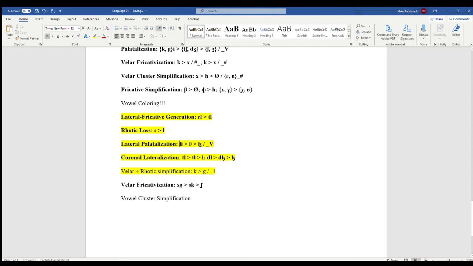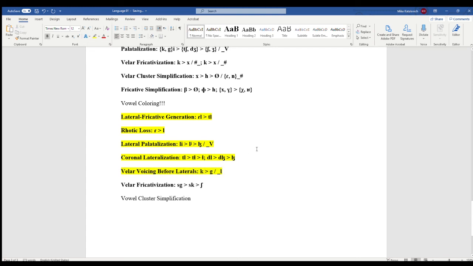Let's see. Velar plus rhotic simplification. Yes. No, that's not really what it is. Velar voicing before laterals is what that's really become. Velar voicing before laterals.